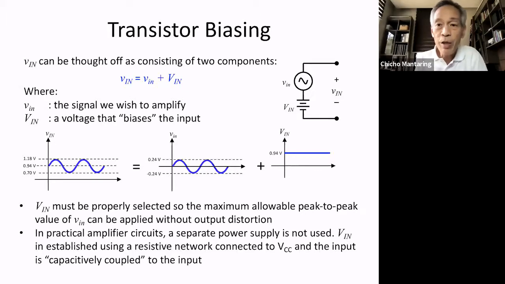Now this is beyond the scope of this course. We're not really going to discuss transistor biasing. I just wanted to give you an idea of what transistor biasing is all about. It's properly setting up this DC value so that you get the maximum possible linear output voltage swing of your amplifier. And I also want to mention that in actual practical circuits, we don't actually use a separate power supply. We actually have a resistor network connected to VCC.